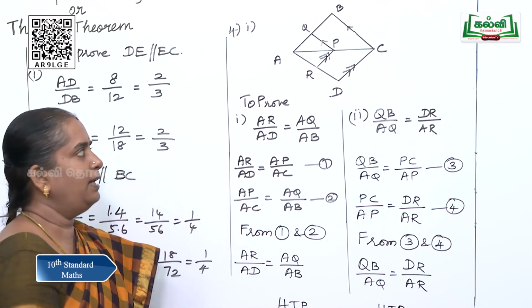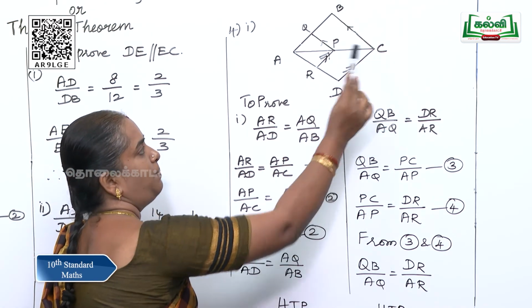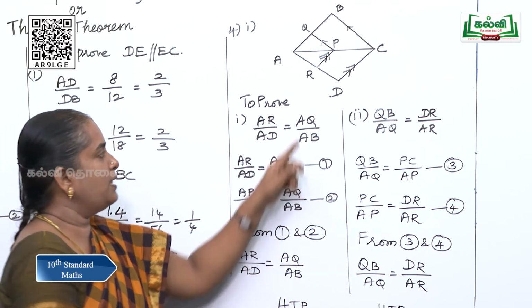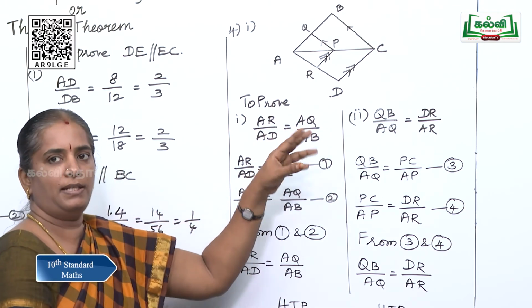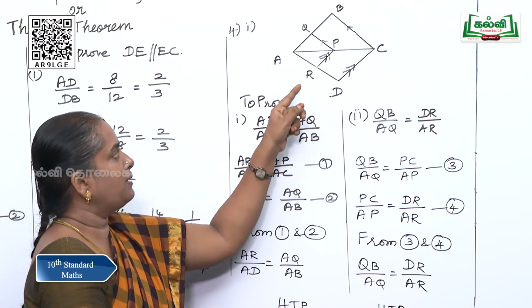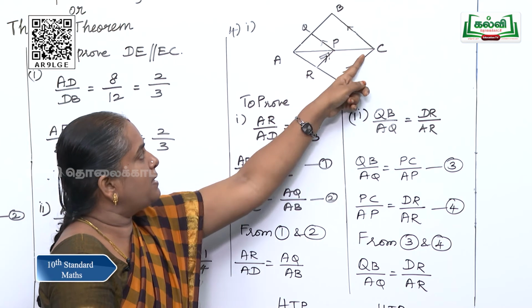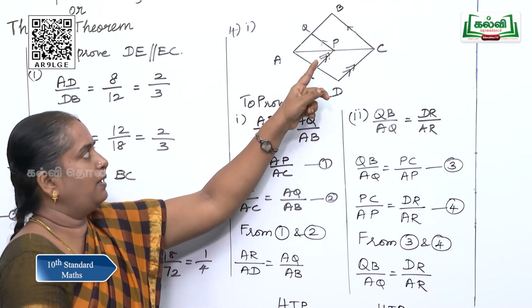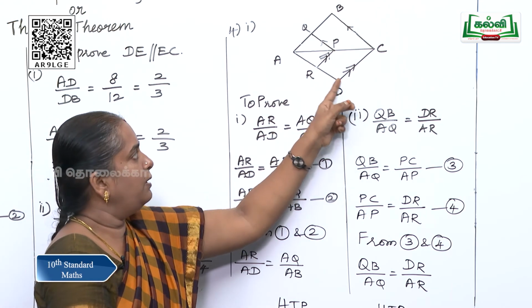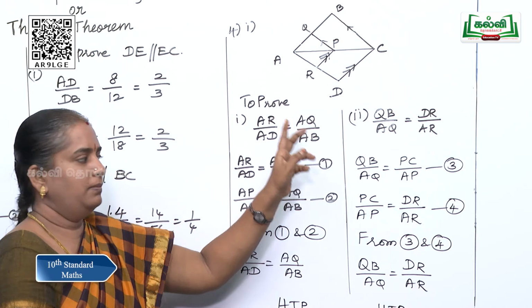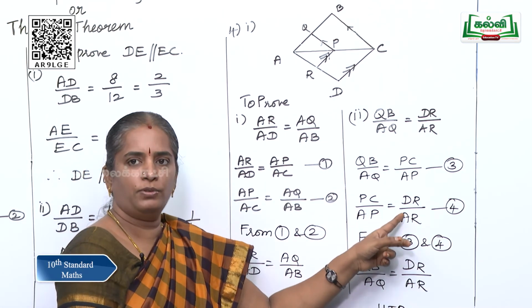In triangle ADC, PR is parallel to DC, so we can apply Thales theorem here also. Applying that theorem, PC by AP is equal to DR by AR. That is our fourth equation.